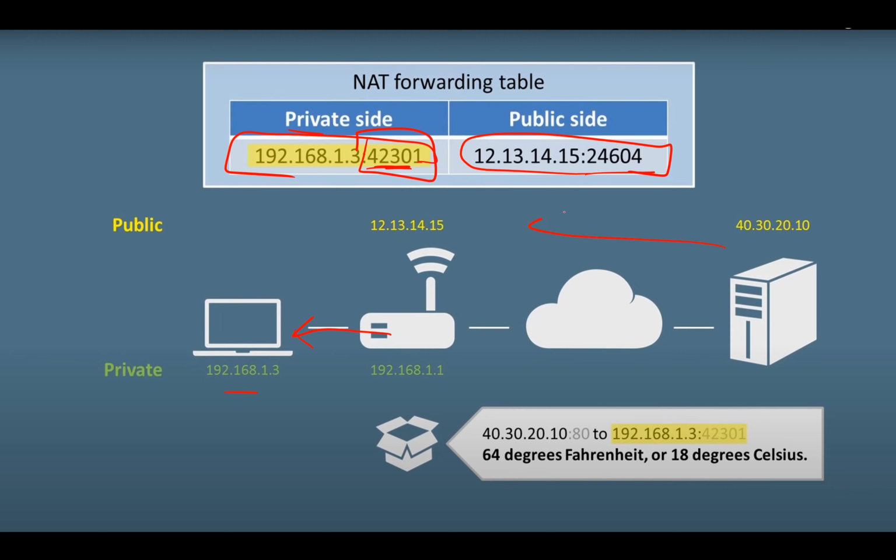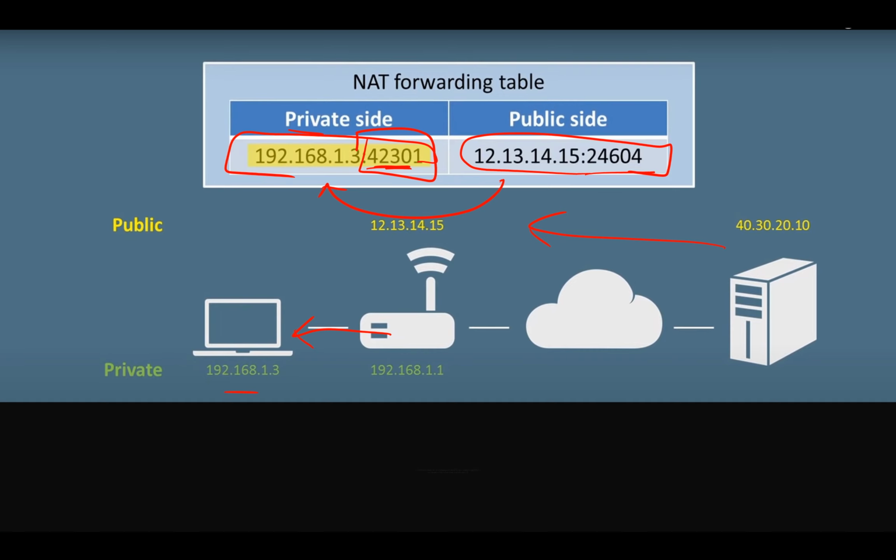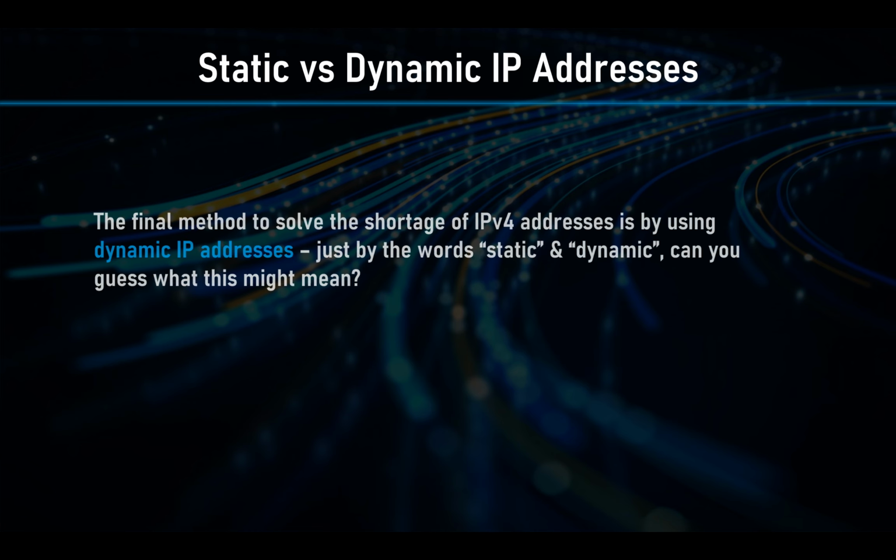The server then sends back, so the router can look at this NAT forwarding table again to map the packets it has received from the public side back to the private device, or the private IP address, that these packets are intended for. Hopefully that makes sense.